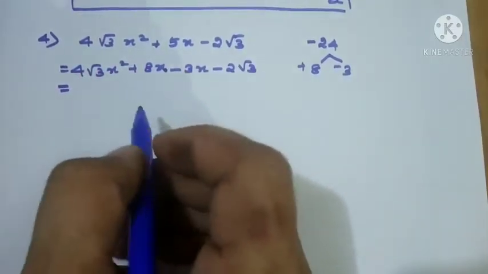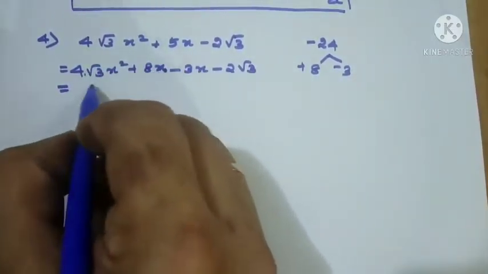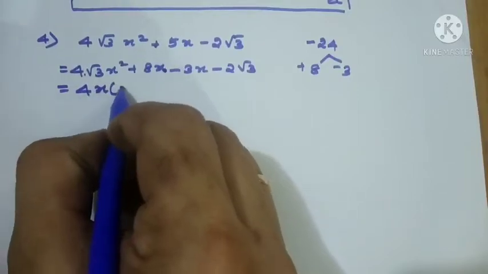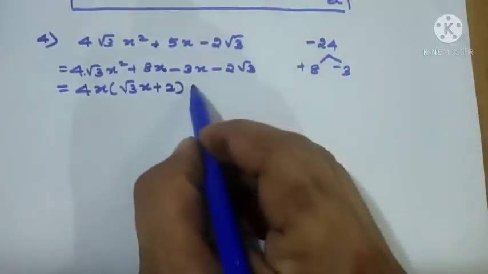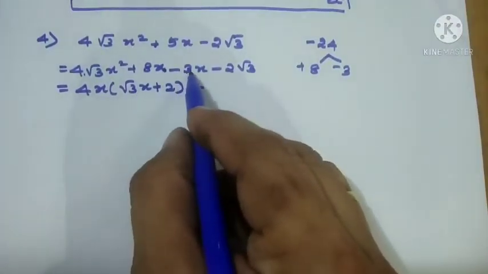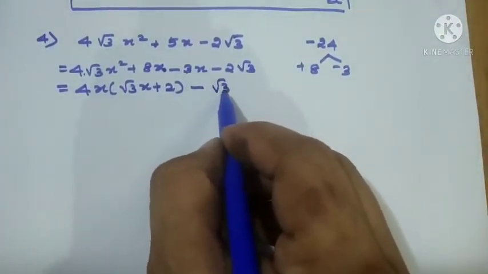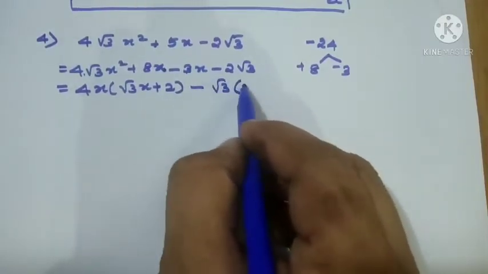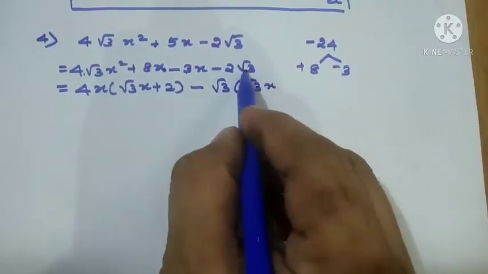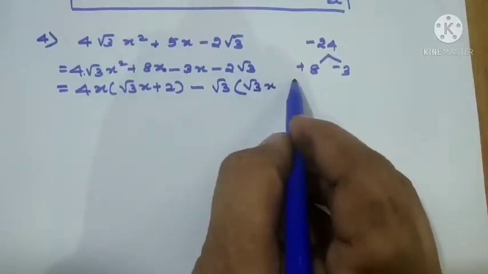Now what is common here? 4x is common. So root 3x plus 2. Again root 3 should come, so we should take 1 root 3 common only with the minus sign. So we will get here root 3x. Root 3 is gone, so what is remaining? 2 only.